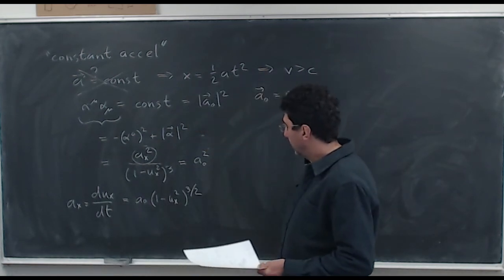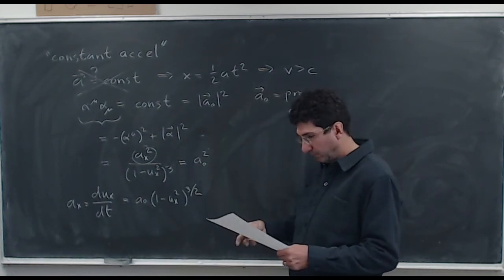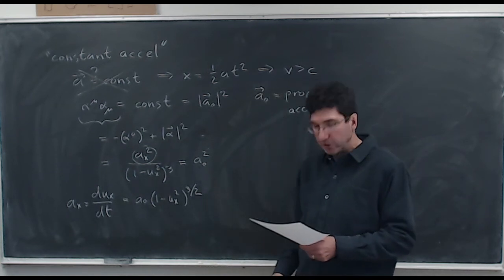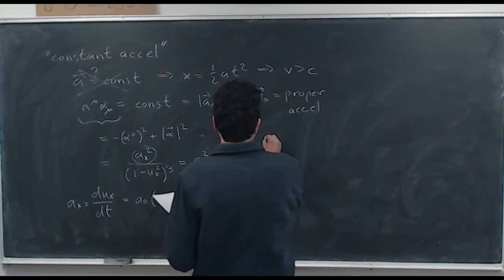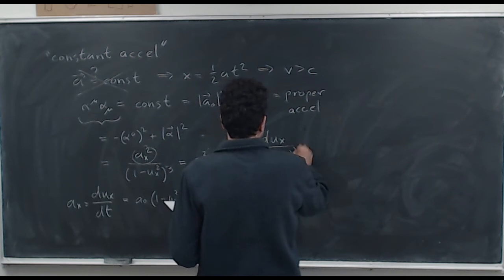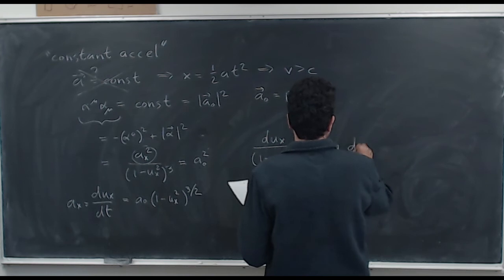That is just what we get by putting this over here and taking the square root. This can be viewed as a differential equation for ux. It's separable, so we can write this as dux over (1 minus ux squared) to the 3/2 equal to a0 dt.